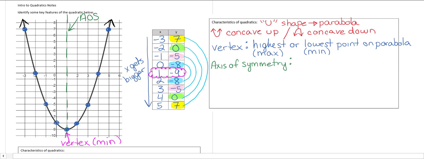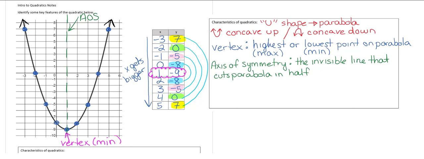So the axis of symmetry is just the invisible line that cuts the parabola in half. So again, it's this dotted line. I'm going to highlight it so we can kind of see it a little bit more. But again, goes right through the middle of that parabola. We can see that the left side and the right side would be exactly the same of that axis of symmetry.